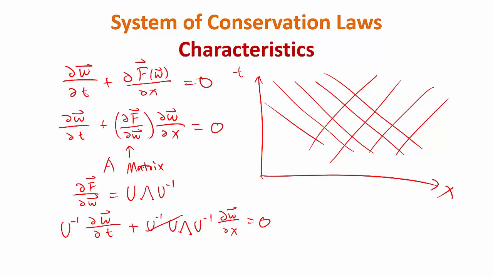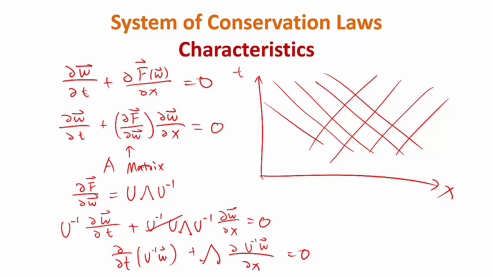That's interesting because these cancel. And in the special case where the U doesn't depend on the solution omega, we basically have partial T of U inverse omega plus this diagonal matrix times partial U inverse omega partial X is equal to 0. And we can clearly see that we derive a system of conservation laws where each equation is decoupled.